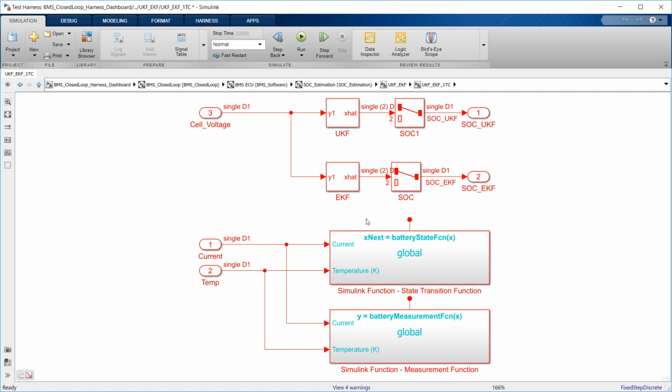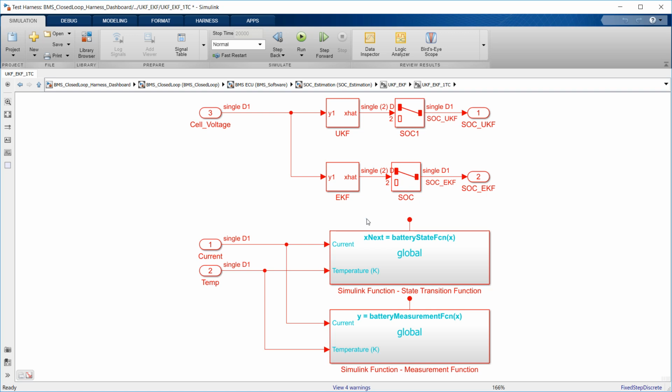The choice between EKF and UKF is typically made based on the severity of the system's nonlinearity. In this case, the only nonlinearity present is given by the OCV-SOC relationship, and it is a mild one, so it is expected that the EKF should give adequate results.